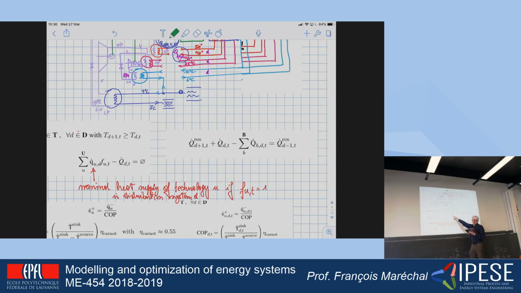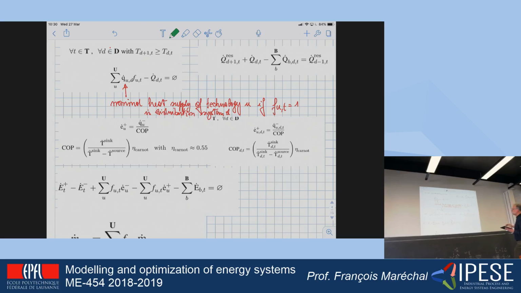The amount of heat that is coming from the higher temperature level of the distribution system, and I'm writing this because it's possible that I will have more than two distribution systems if you want to optimize it, okay? The amount of heat that is distributed from the highest temperature is equal to the amount that is needed at the given distribution system D minus what is needed in the distribution system D. And the remaining amount is the one that is sent to the lower temperature level.